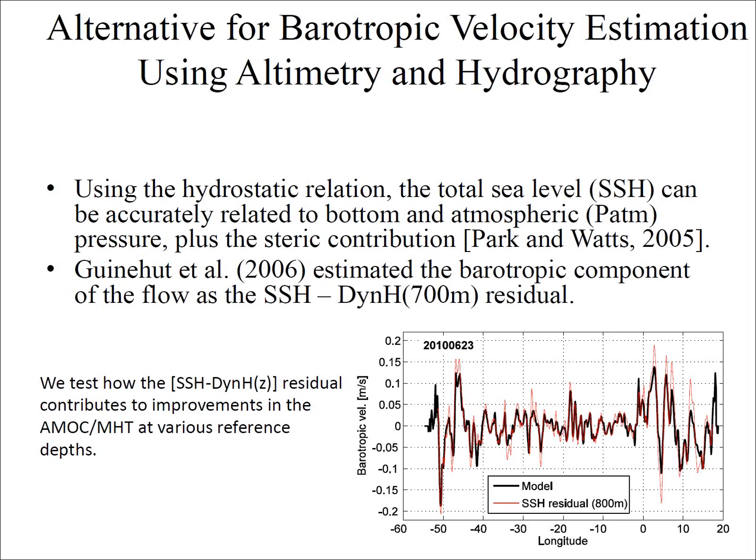We see from previous work that if you take the total surface height and subtract the dynamic height calculated from your hydrography, salinity and temperature, then this residual gives you the non-steric component, and that would be mostly the barotropic component.